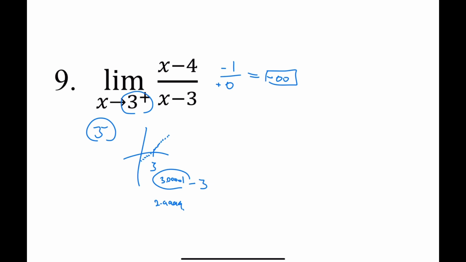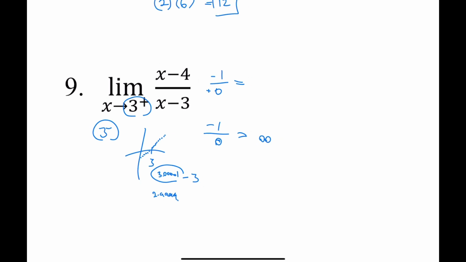Since we're doing 2.999 minus 3. In that case, we're going to have negative 1 all over a negative 0, or not really negative 0, but more like a little bit less than 0. So that's going to give us positive infinity, right? Okay, so for this one, the answer is going to be negative infinity.